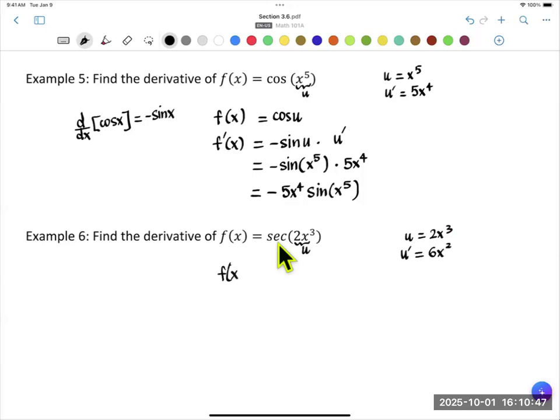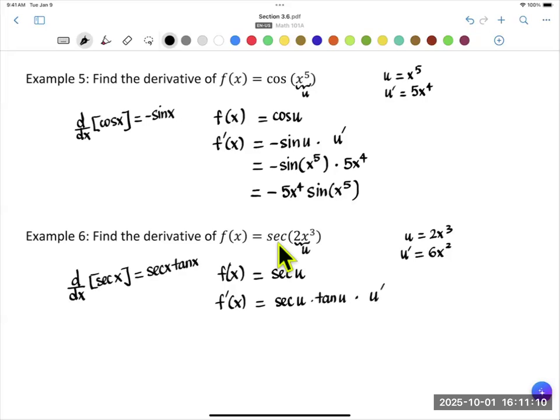So f of x will be secant u. Then what is f prime of x? The derivative of secant x is secant x tangent x. So the derivative of secant u is secant u tangent u. And of course, we have to multiply by u prime. So replace everywhere we see u by 2x cubed.